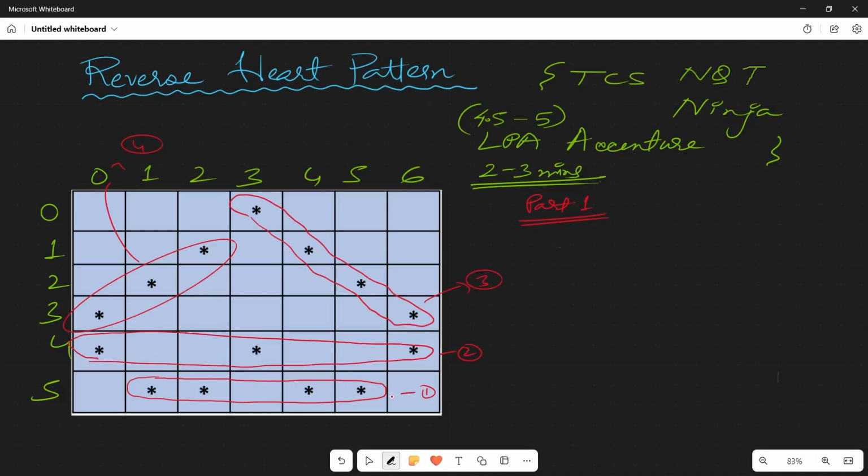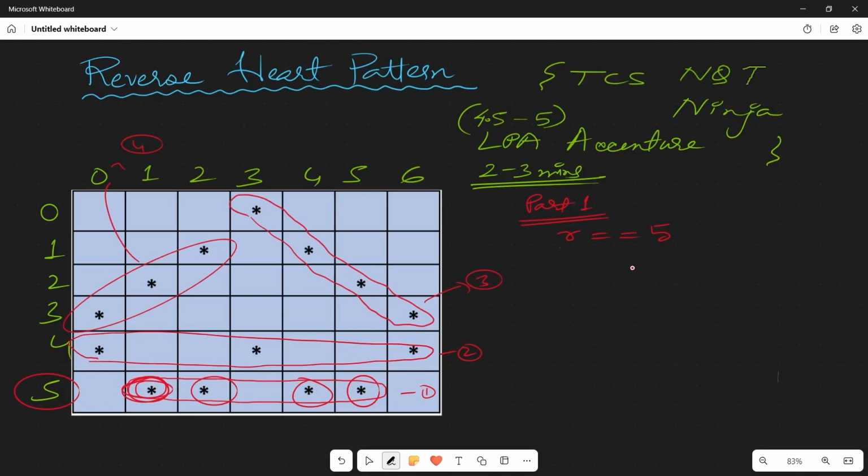So if you see carefully, for the part 1, our row number is equal to 5. Yes, here. Can you see? Then you see the column numbers for this. This star, this star, this star, and this star. See, guys, it can be a star, it can be a hashtag, it can be any character. Doesn't matter. But what we have to focus on is the row and the column numbers. Correct?